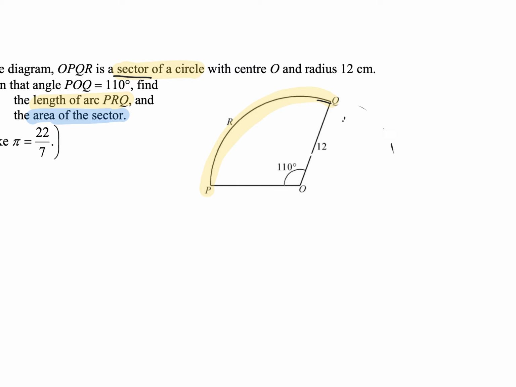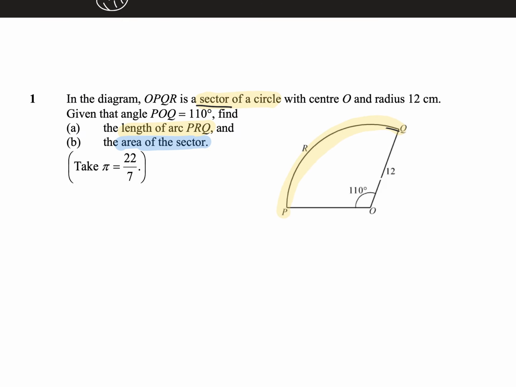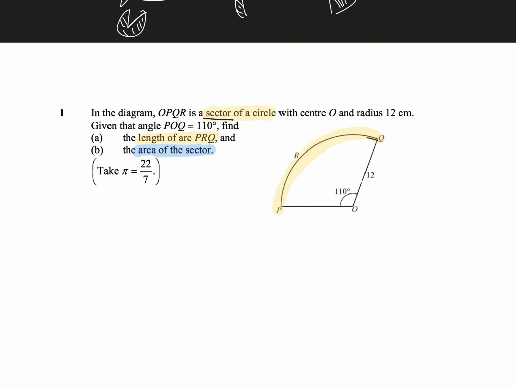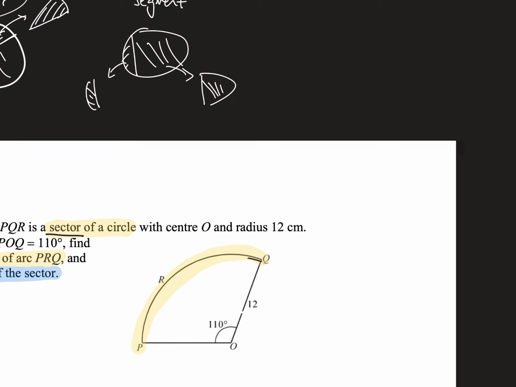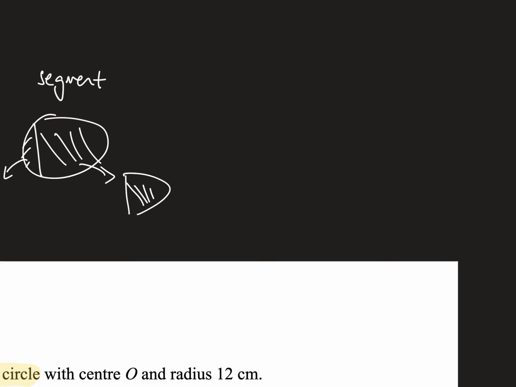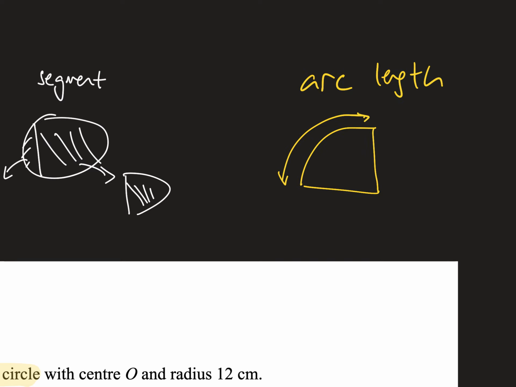All right, so let's just continue analyzing the question now. Now that we see what a sector of a circle is, and we see radius 12 cm, angle POQ is 110, they want us to find the length of the arc PRQ. And so let's go to the concept of arc length. What is arc length? You can skip this part if you don't need the equation, but otherwise let me show you quickly. If you have a sector, as in this case, you want to find this entire length.